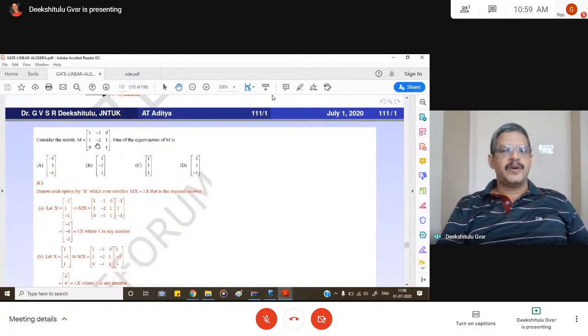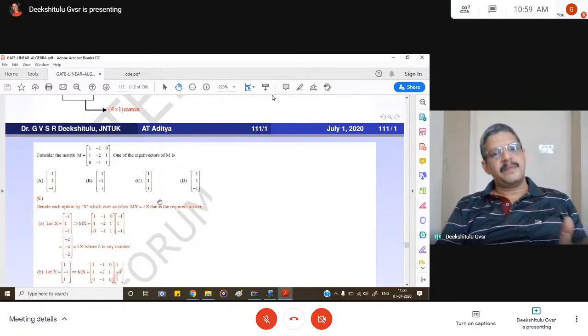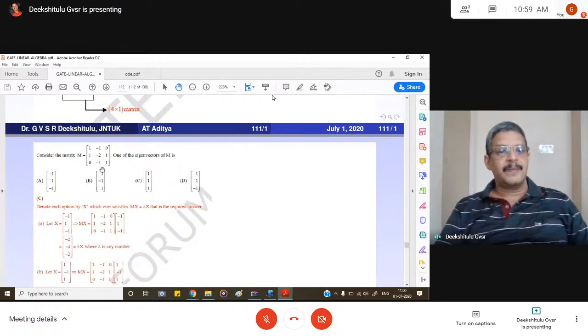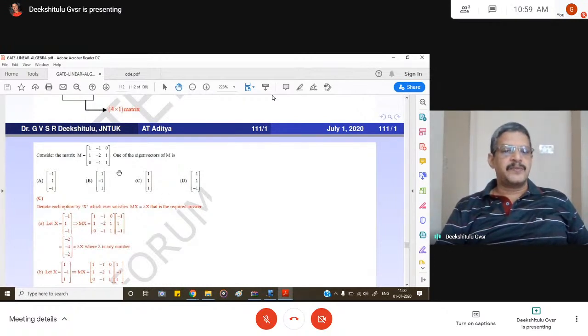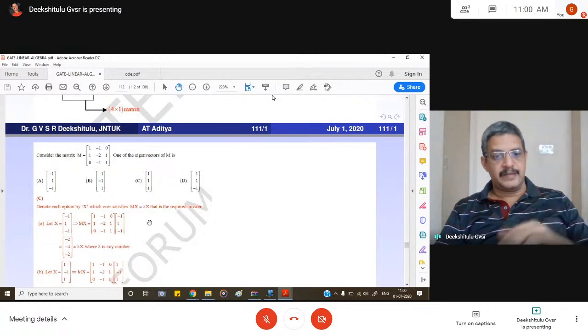Consider the matrix M is equal to 1 minus 1 0, 1 minus 2 1, 0 minus 1 1. One of the eigenvectors of M. So whether it is an eigenvector or not, I told you, multiply the matrix and the eigenvector. You have to get lambda into X. Finding the eigenvectors becomes very difficult because you have to find all the eigenvalues and then eigenvectors.